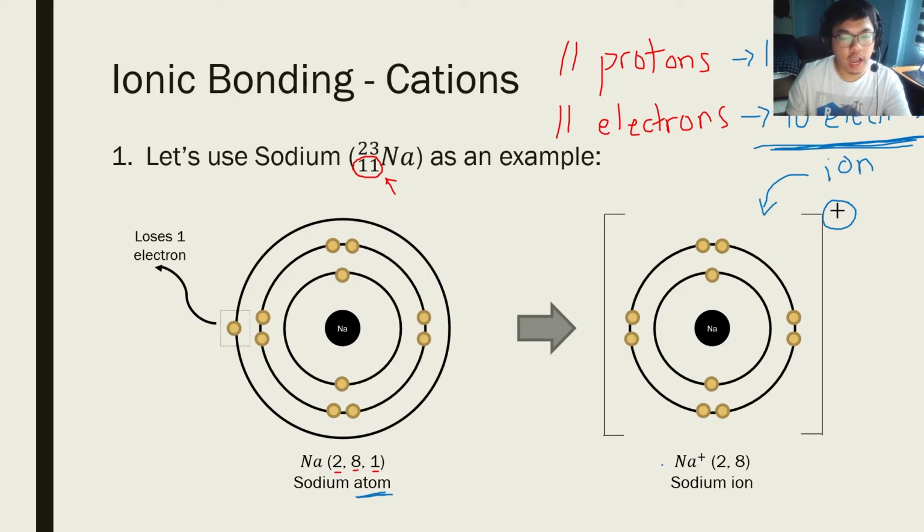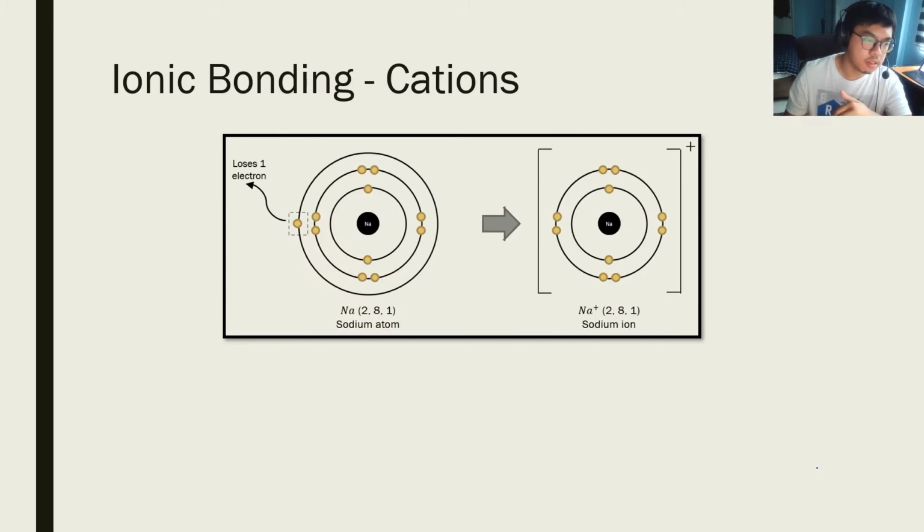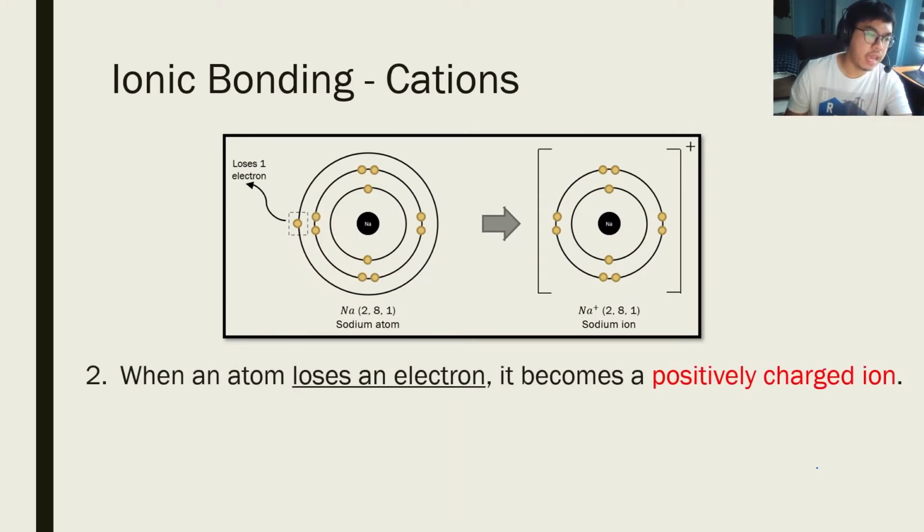So for ions, we write it down like this. The sodium ion now has a plus at the top because it's a positively charged ion. And it has an electronic structure 2,8, which is a full electronic structure. So basically, when an atom loses an electron, it becomes a positively charged ion.